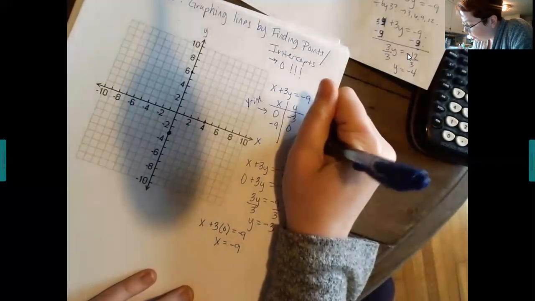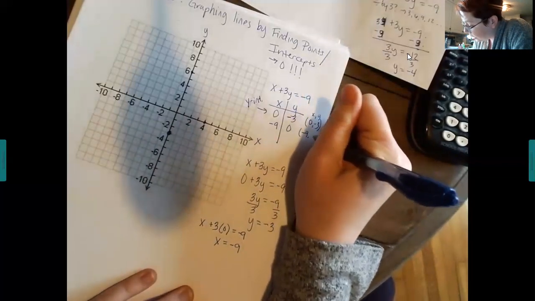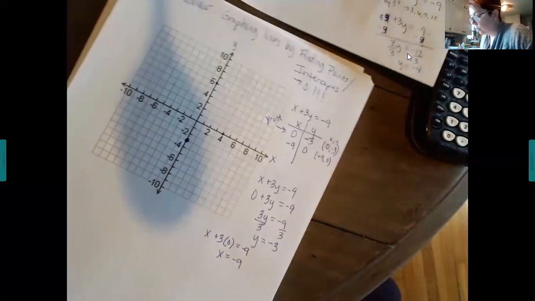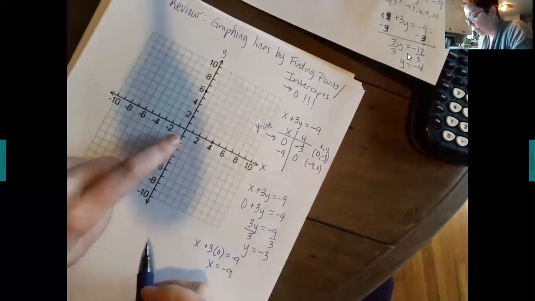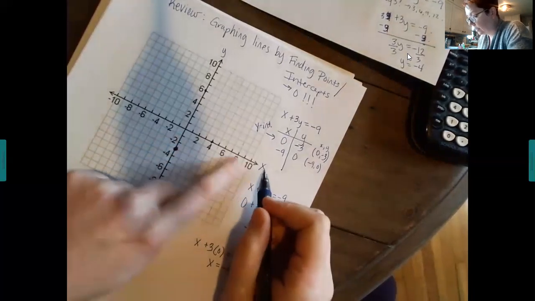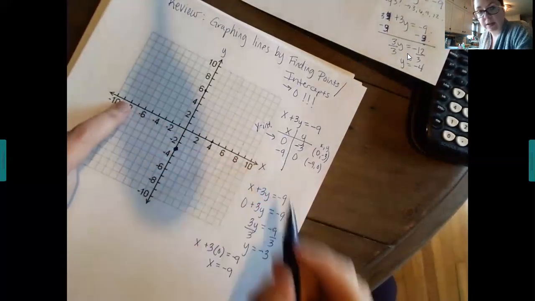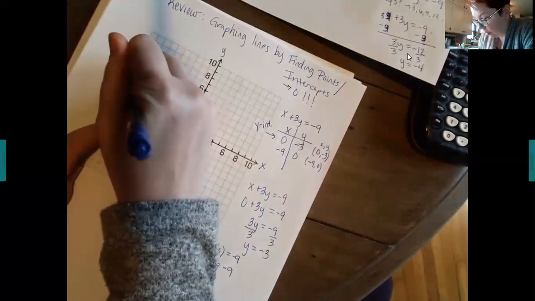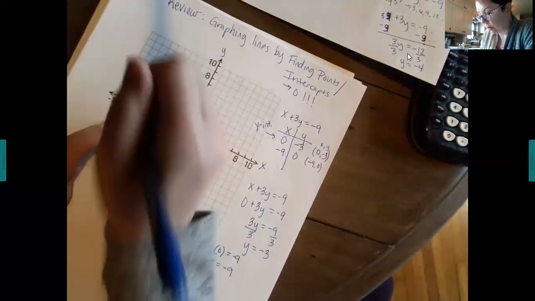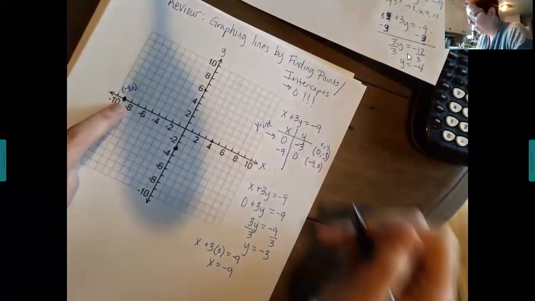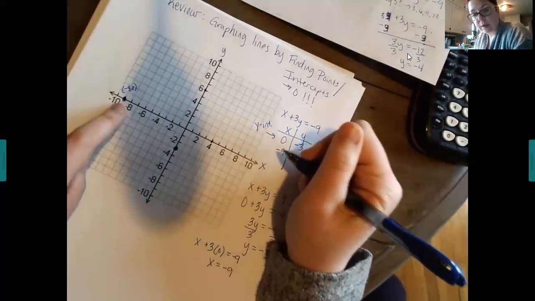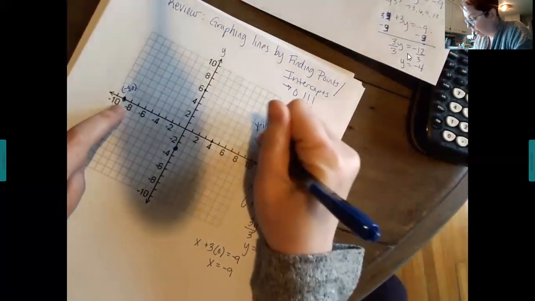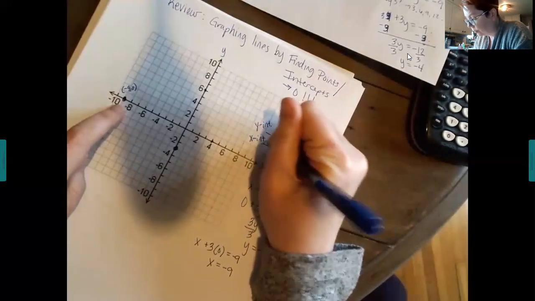So this means that my x is -9, my y is 0. So when I graph that, this is my x-axis, -9, so I go to the left, make a point there, and I don't go up or down any, right? Because that's the intercept. So because I have my point here on my x-axis, this is my x-intercept.